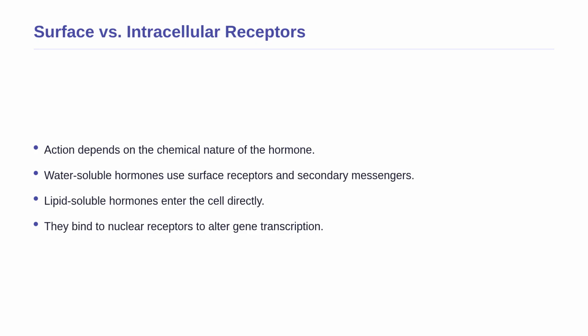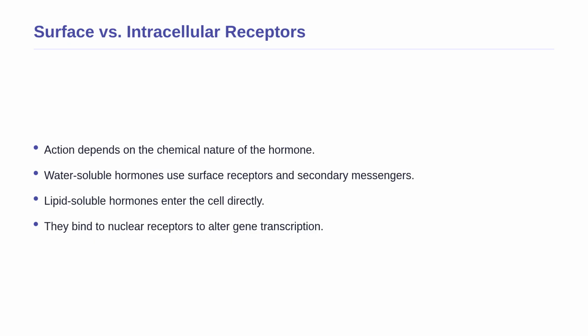Building on this idea of signal transduction, we must recognize that not all hormones deliver their messages in the same way. Depending on the chemical nature of the hormone, this action occurs either at the cell membrane or deep inside the cell. For water-soluble hormones, like insulin, the receptor is on the surface, and binding triggers secondary messengers inside the cell.